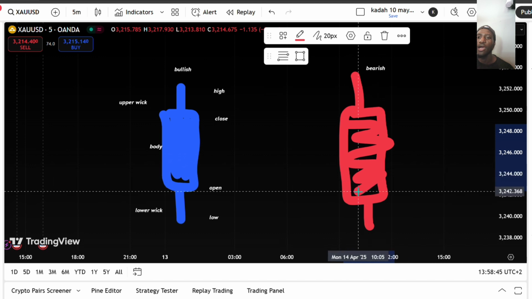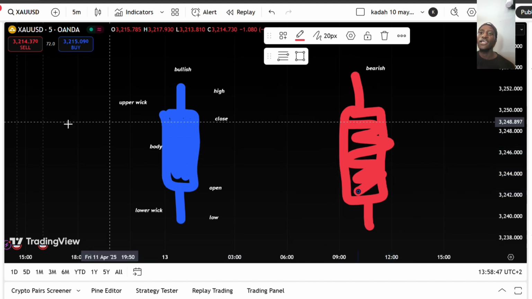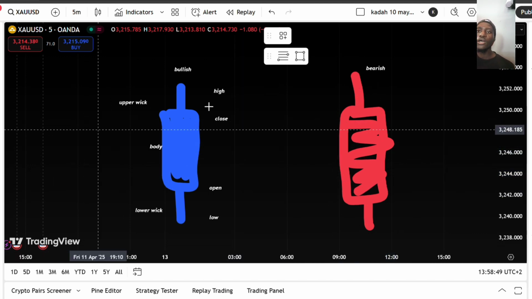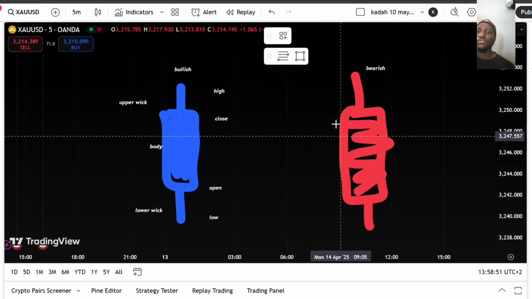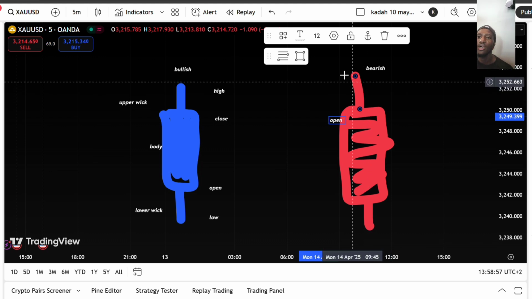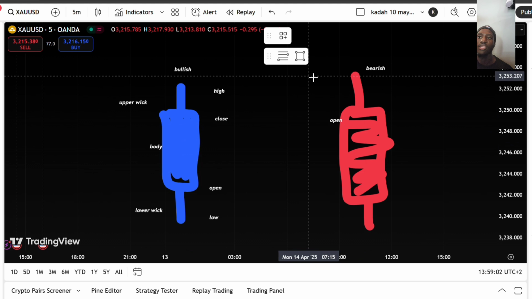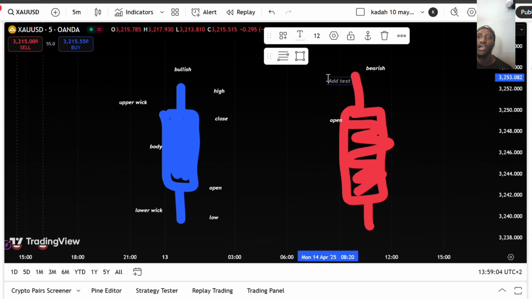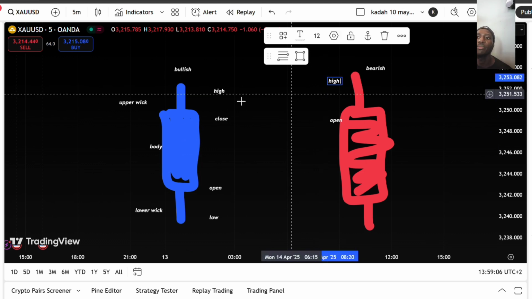Now let's label the parts. First, this one is the candle open, so let's write open. Then the second one is the candle high. Let's label high. This is the highest part reached by the price.